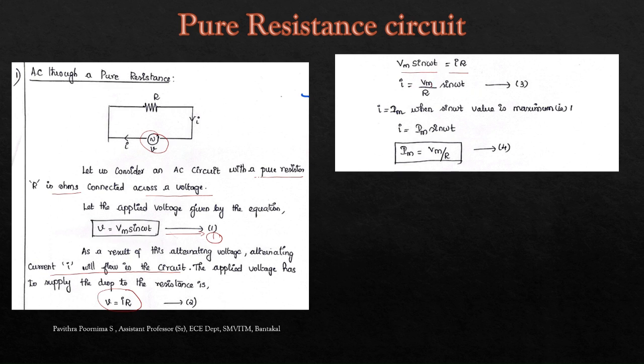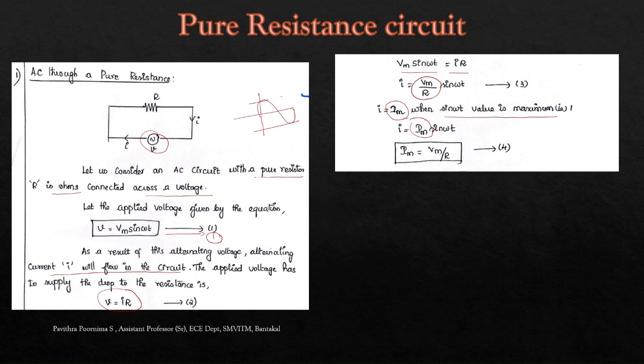If we consider the input as a sinusoidal signal, Vm is the maximum voltage, so Vm divided by the resistance gives Vm by R, which I can write as Im, the maximum amount of current. So I can substitute Im in place of Vm by R.